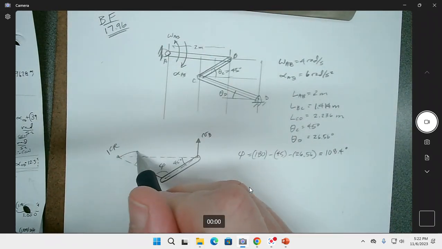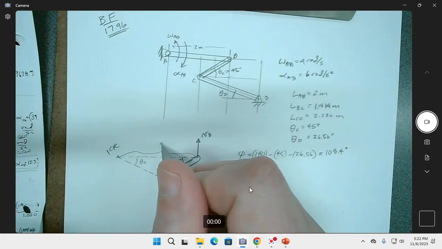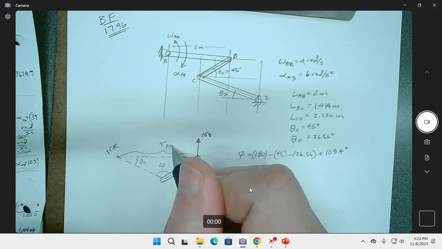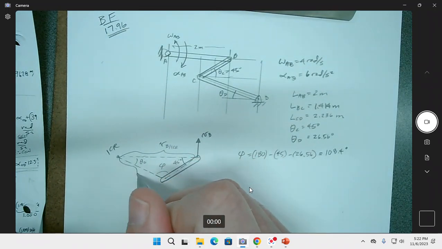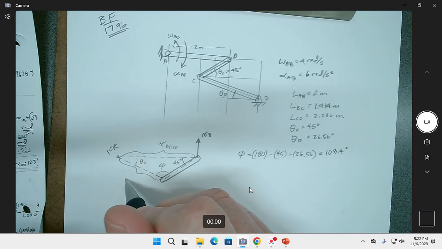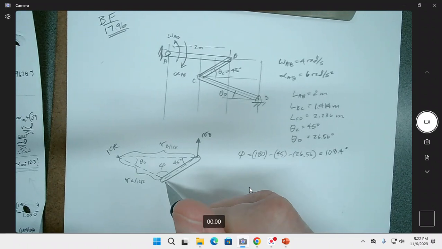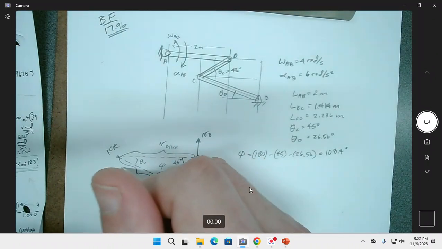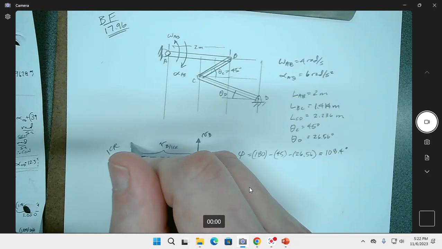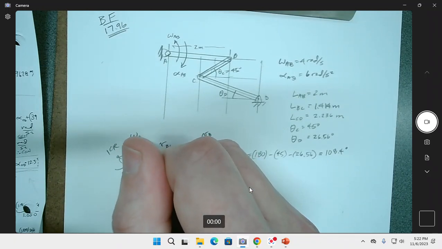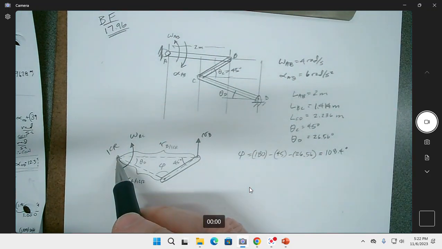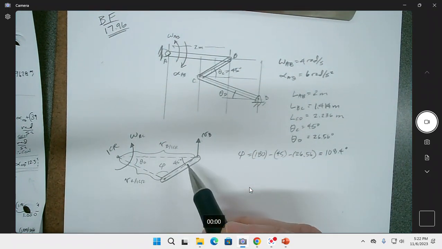And so what we want is RB with respect to ICR and RC with respect to ICR. And while we're here, our omega BC is going that direction because we're pinned right here, and that goes that direction.